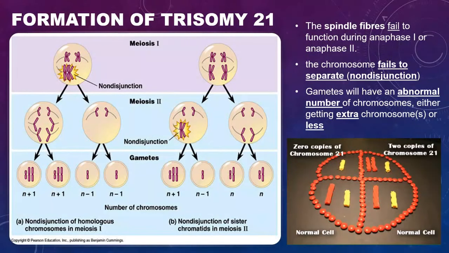Okay, so from here, the video shows that there is a non-disjunction of sister chromatids in meiosis II.